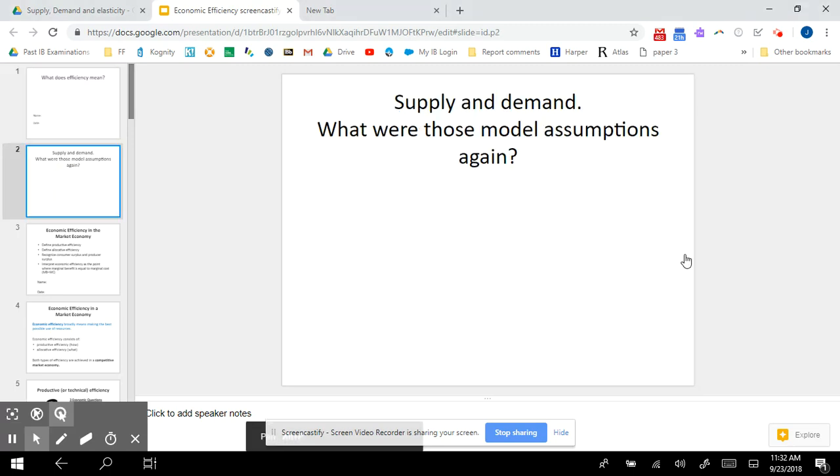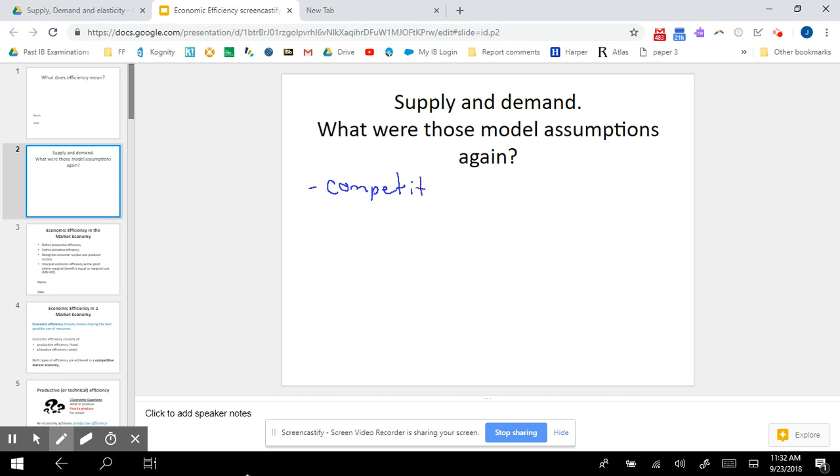So in terms of looking at some assumptions for our model, we're looking at a competitive market. So no one buyer or seller has a lot of market power. So we're not looking at oligopolies or monopolies. We're dealing with many buyers and sellers.